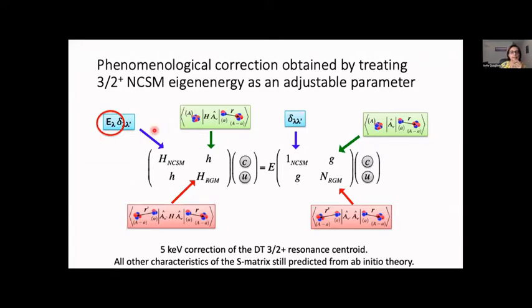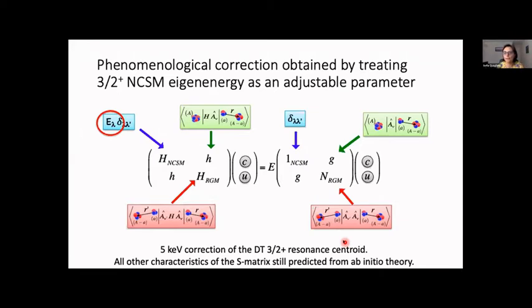So, for example, in the case of the deuterium-tritium fusion, a single 3/2+ eigenvalue was used as the adjustable parameter in order to produce the required 5 keV correction of the resulting 3/2+ resonance, and everything else was still coming from prediction.